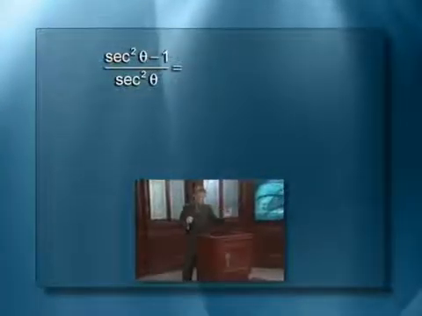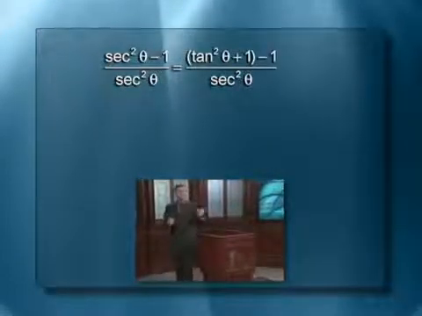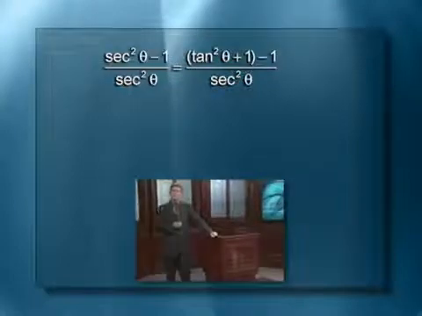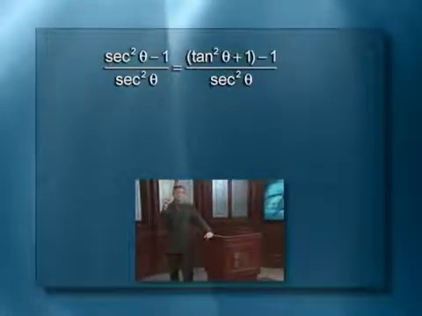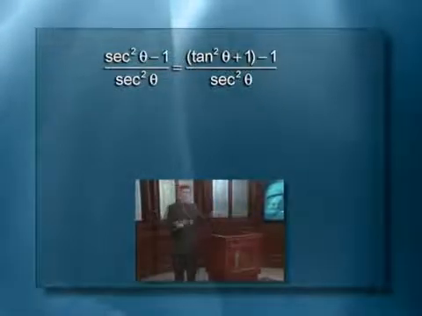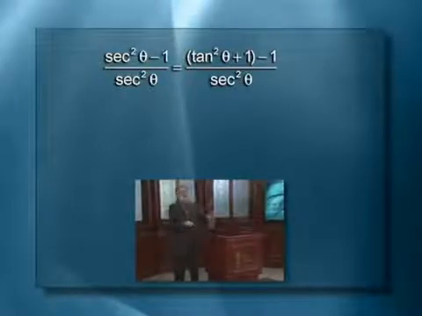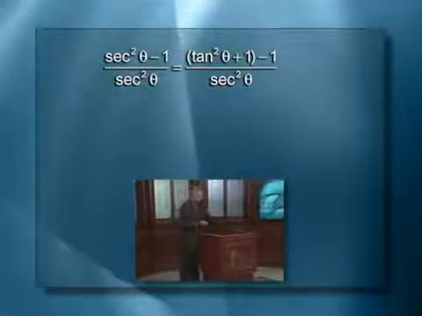Tangent squared plus 1 is secant squared. That means that secant squared can be replaced with tangent squared plus 1. So I'll do that in the numerator, and I have tangent squared plus 1, that's the version of secant squared, minus 1, all divided by that same denominator. The ones cancel, and I'm left with tangent squared divided by secant squared.